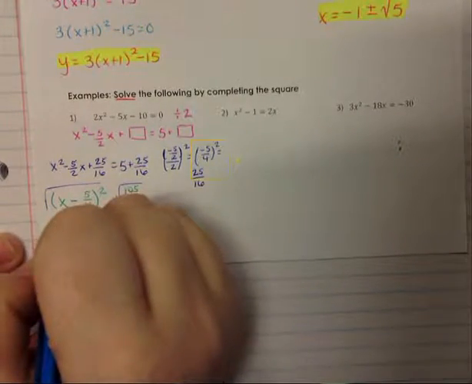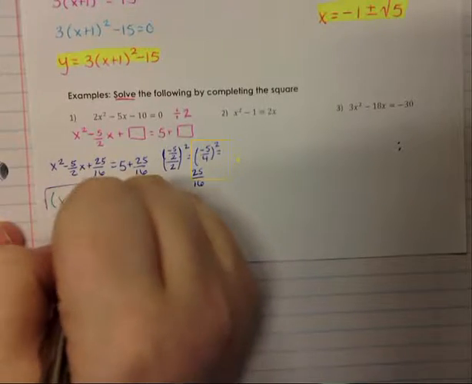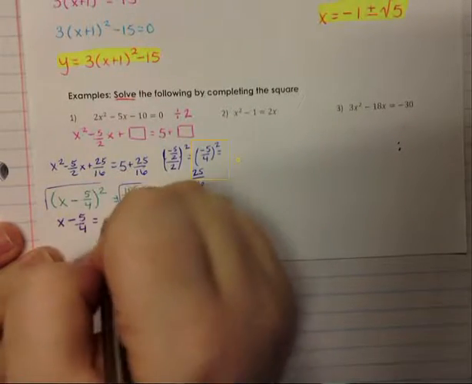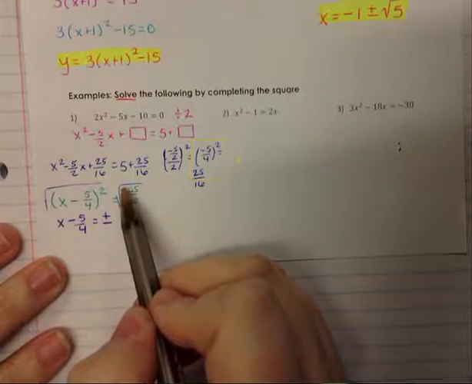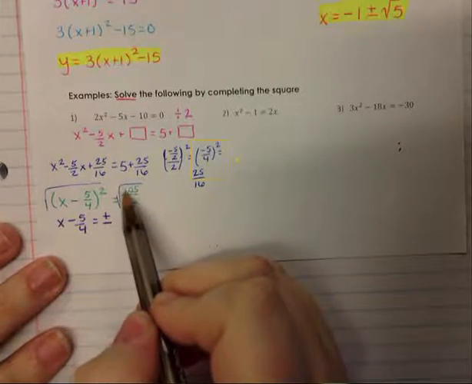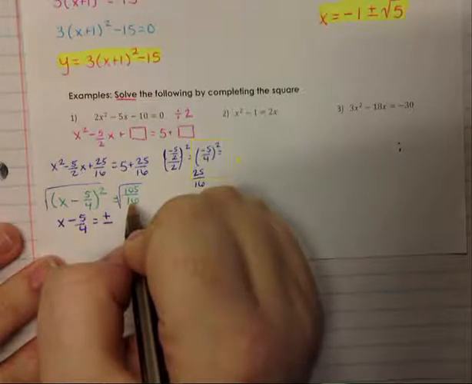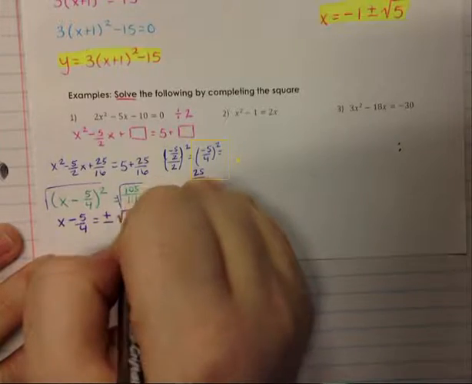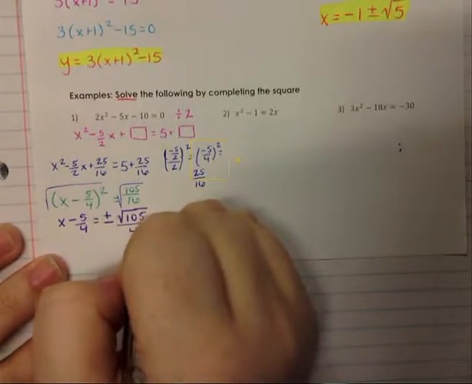So we end up with x minus 5 over 4 is equal to the plus or minus. The square root of 105 is not possible, so I'm going to keep the square root of 105, but the square root of 16 is 4, so I have the square root of 105 over just 4.